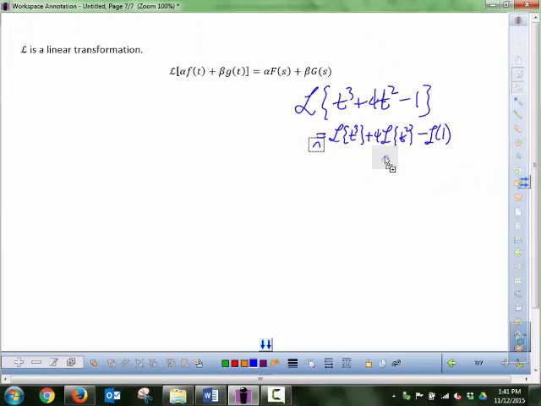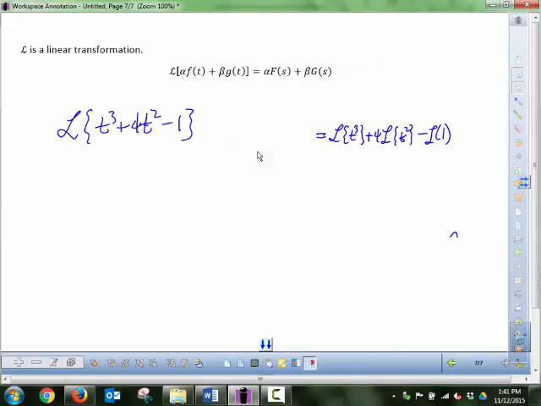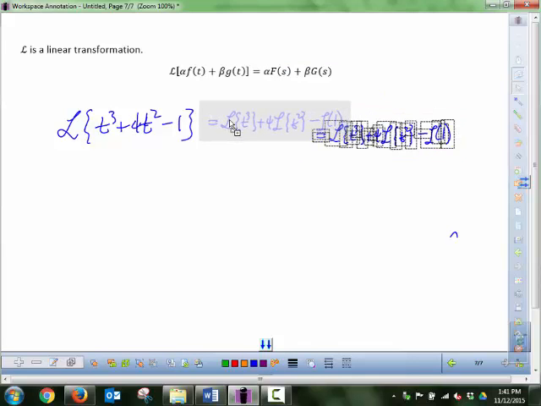The Laplace transform is a linear transformation that allows us to break up functions, as long as you're adding and subtracting them, and then take out scalar multiples.